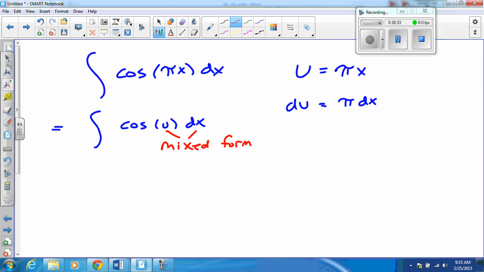The mixed form is going to be really problematic when we do definite integrals, because my limits of integration have to be in terms of the variable of the integral, in terms of u or in terms of x. And if I've got a mixed form, then that makes no sense. So, no to mixed forms. You should not have any work at all that shows two different variables at the same time in your integral.